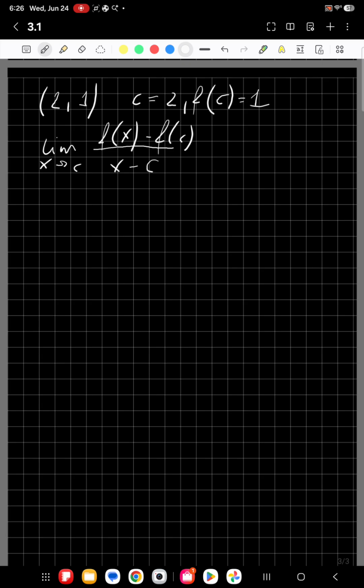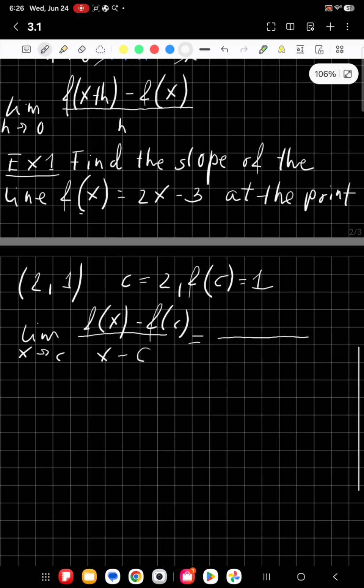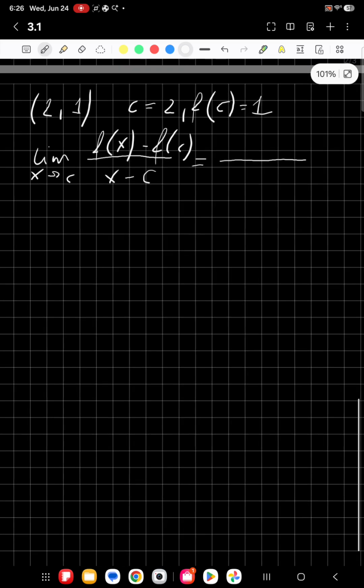So let's plug in what we know. So f of x, there should be that limit. The limit should be there. I just didn't write it. So 2x minus 3 is my f of x. So 2x minus 3. And then minus f of c is 1. Okay, at the bottom I have x minus 2.